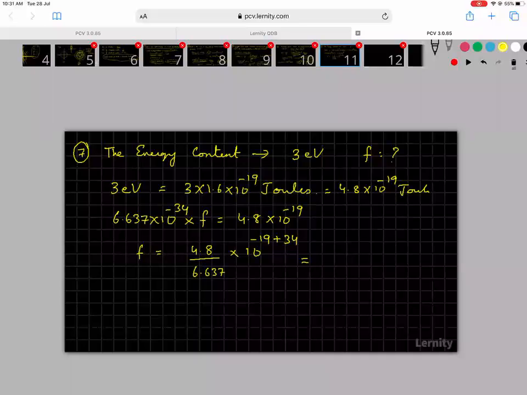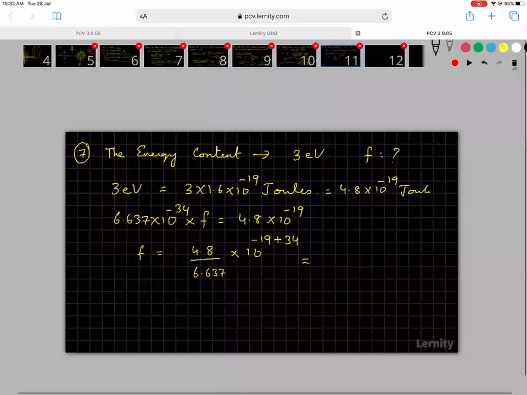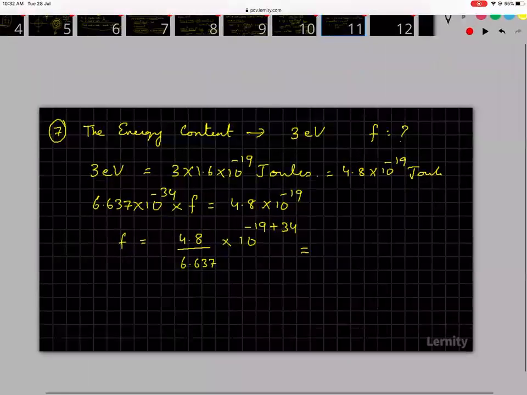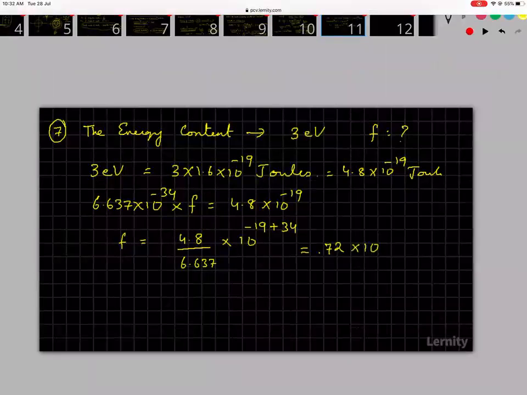So this will be equal to 4.8 divided by 6.637. So it is 72, so it is 0.72 into 10 power plus 15, or 7.2 into 10 power 14 hertz. So this is the frequency.